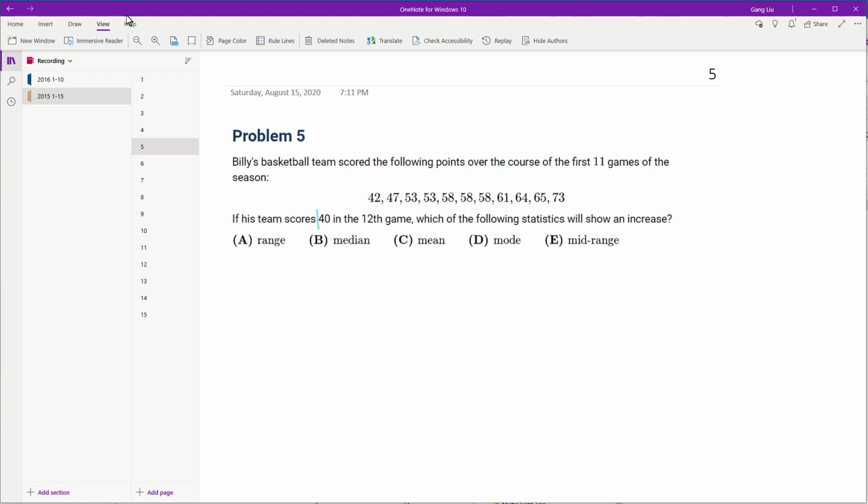Score 40 is a low score, so it will lower the mean for sure. It's also going to lower the median, and it's not going to change the mode. The mode is 58.